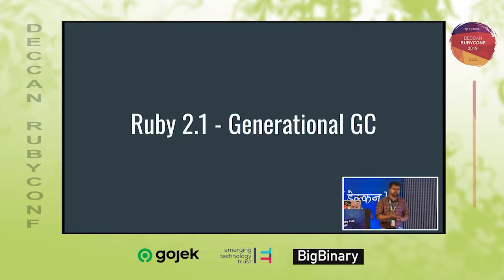And so Ruby 2.1 came with the generational GC, wherein the garbage collection started to happen in 2 generations. All the objects in the Ruby heap were marked as older generation and newer generation. The idea was that objects die young, meaning that of the objects created, most will likely die within 3 generations of the GC running.